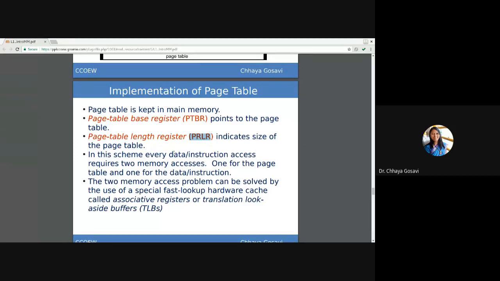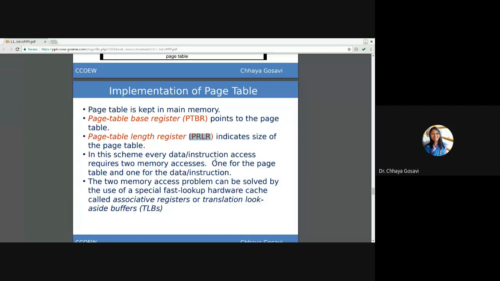And for every memory access, we have to perform two memory accesses. One to go to the page table, get the frame number, and go to that particular frame and read the memory. So first access the page table entry and then access the actual memory entry. So this is called the two access problem.